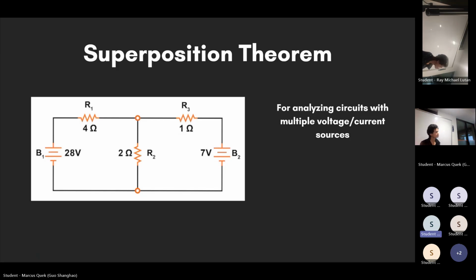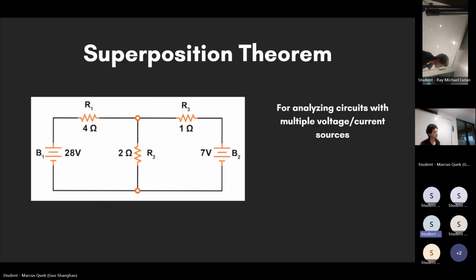And there is also a current source. And so for voltage sources, you analyze one voltage source first. So for instance, in this circuit we are seeing here, we analyze battery 1 first. And so you replace battery 2 with a short circuit. And then you calculate all the voltages across each resistor and all the currents.